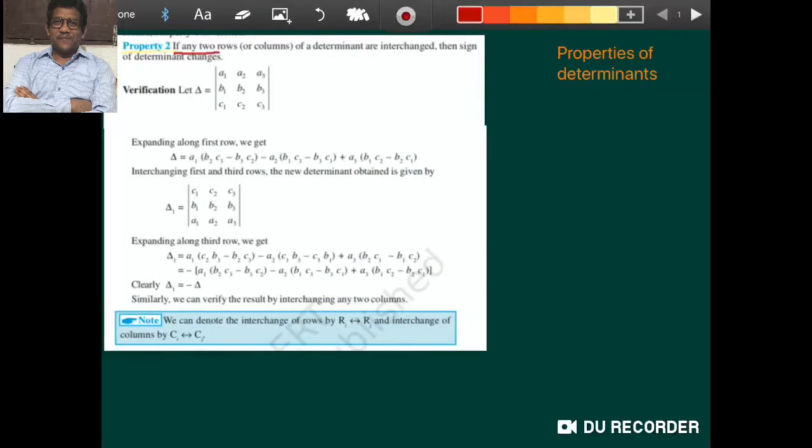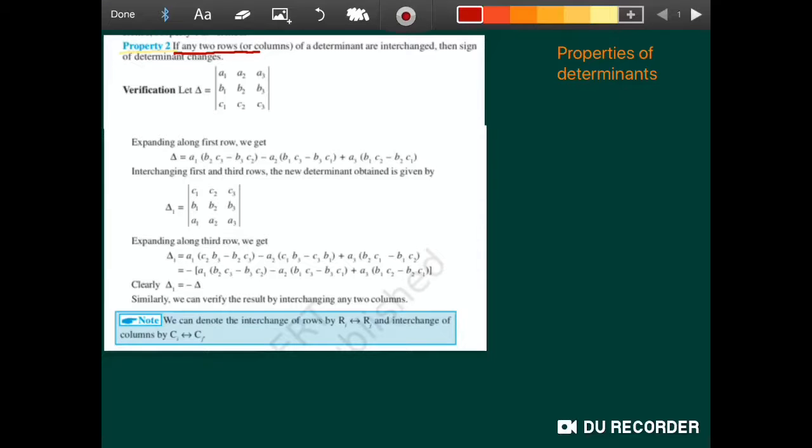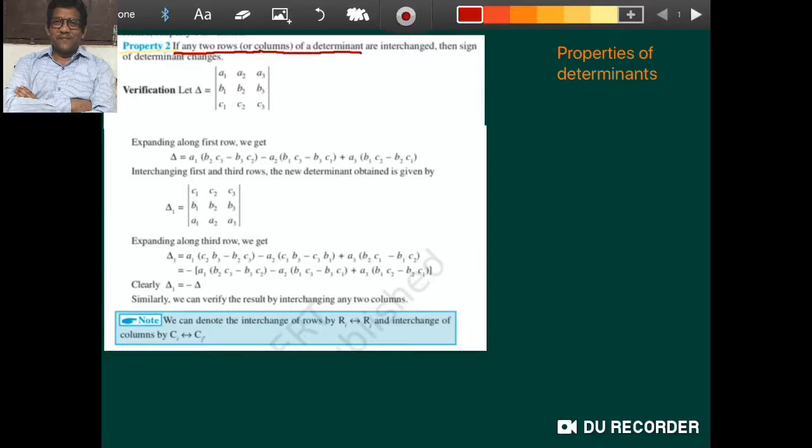Property 2: if any two rows or columns of a determinant are interchanged, then the sign of the determinant changes. We verify this property through an example. Suppose the given determinant is, if we find its value, we get minus 2.